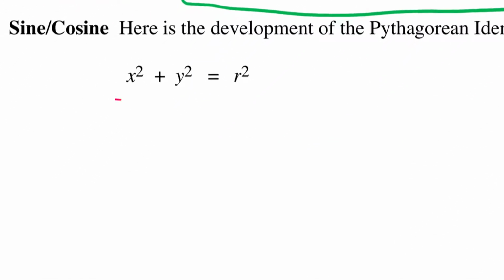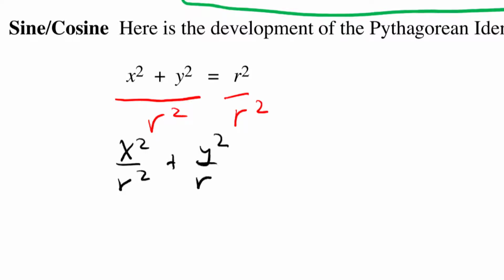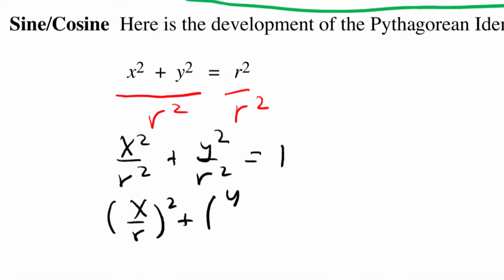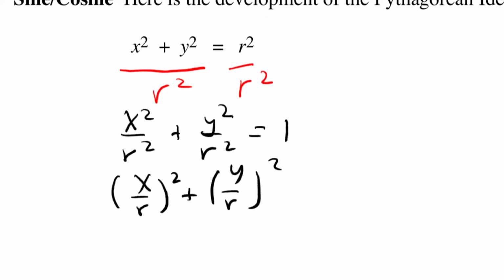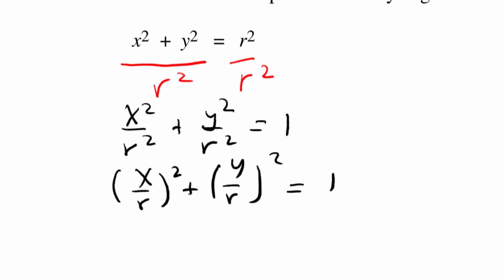Now what we're going to do first is divide each side by r squared, and then we can separate the left side into two fractions, x squared over r squared plus y squared over r squared. On the right side, that just becomes 1. Now x squared over r squared can be thought of as the quantity x over r, that whole quantity squared, and then same thing, y over r quantity squared, and it's still equal to 1, of course.